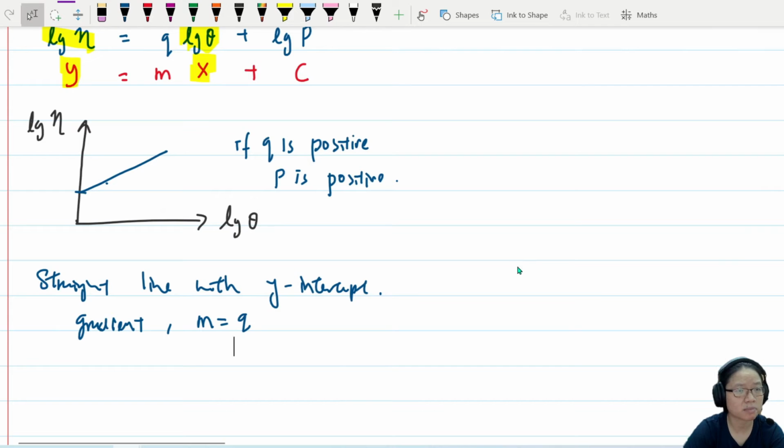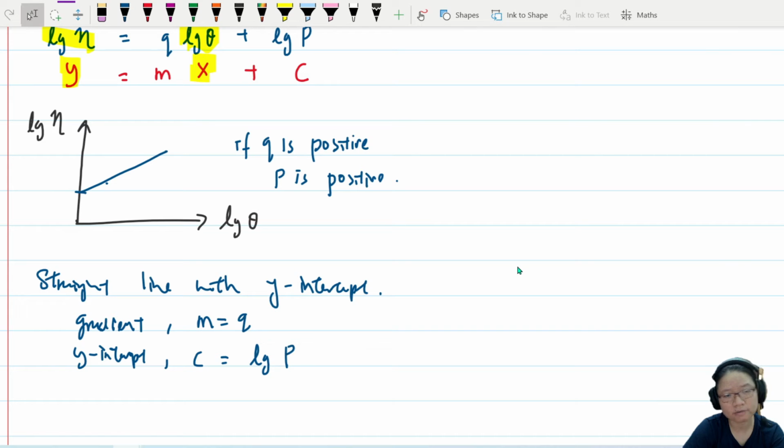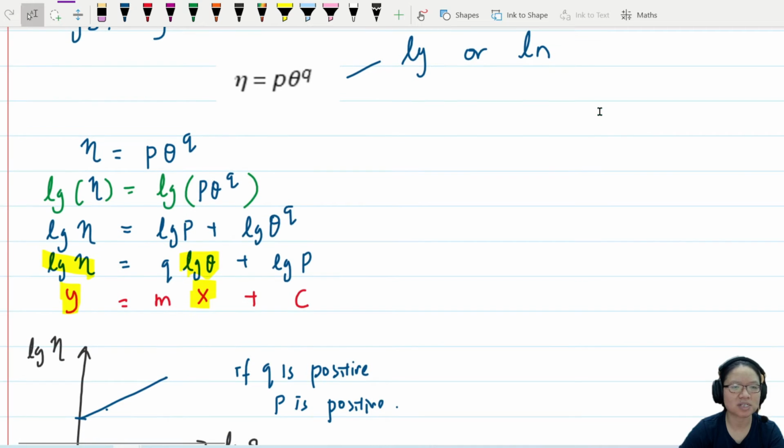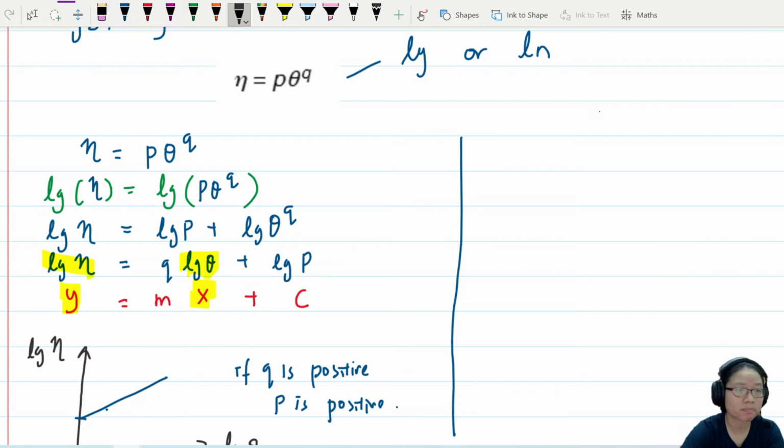And at the same time, your y-intercept c is equal to log p. This is neater, okay? But let's say you decide to ln, I'm going to change it to a different color pen.